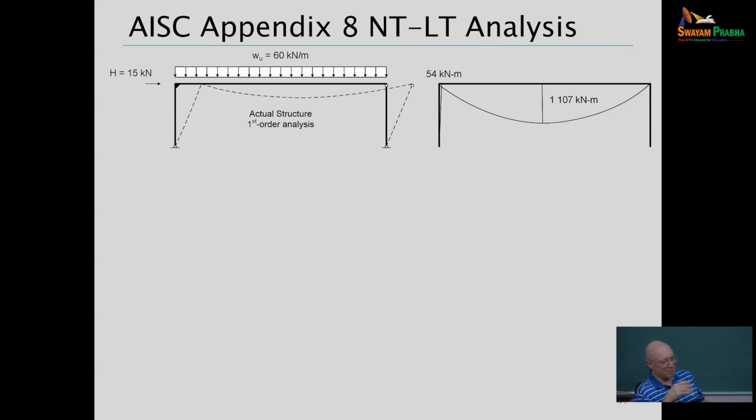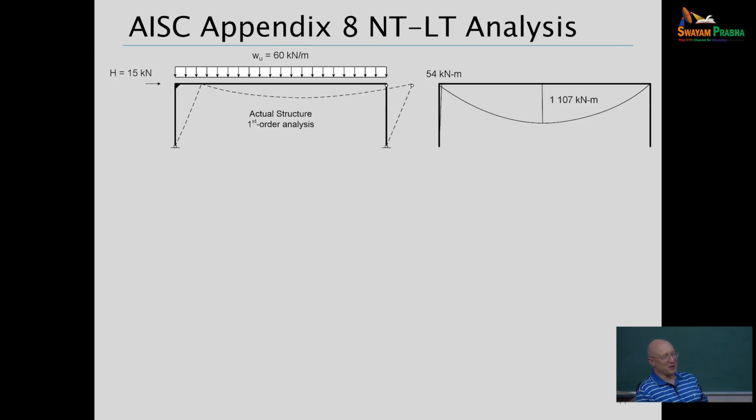And so if you're just doing your first order analysis, well, if I have no thrust in the right-hand column, I have nothing to equilibrate any thrust in the left-hand column, correct? So I have to have zero shear, zero moment in the left-hand column also.